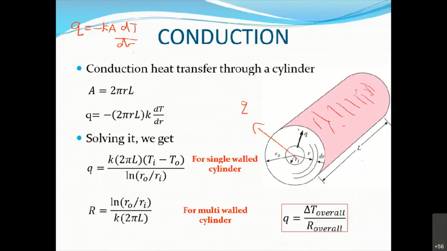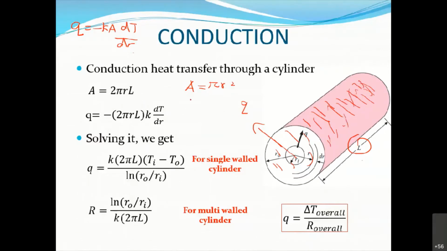We are not taking the area of the circular end, because the formula for that would be pi r squared. But we are taking 2 pi r, the circle, times the length. So this is the length.